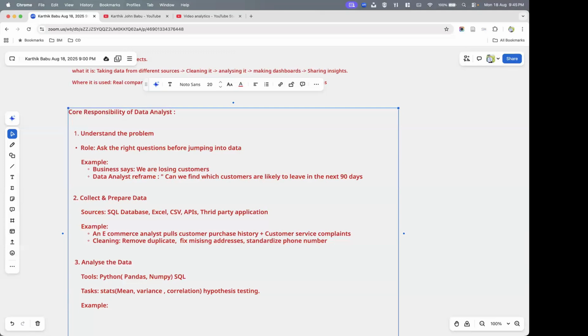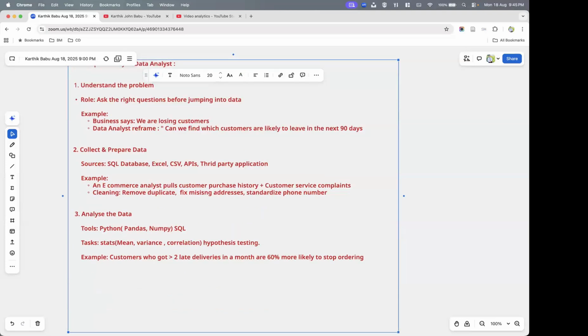When we come to that junction, I will explain it to you in detail. So this is the third role of a data analyst.